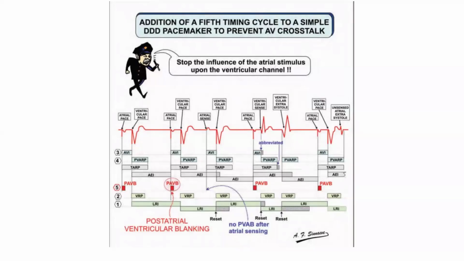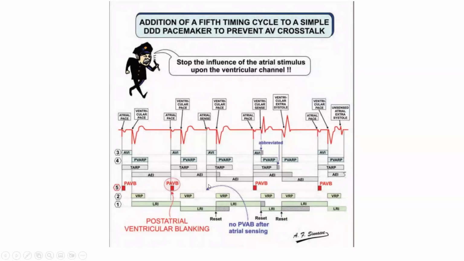Why? To avoid sensing this spike and misinterpreting it as a QRS complex, and to avoid going into asystole, which is very serious for the patient. So this is an example. I see the fifth interval, the post-atrial ventricular blanking, occurring only after atrial pacing, not after atrial sensing.